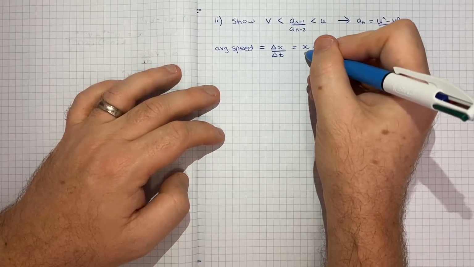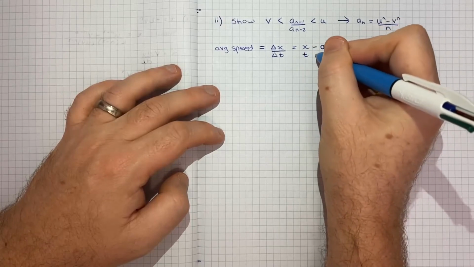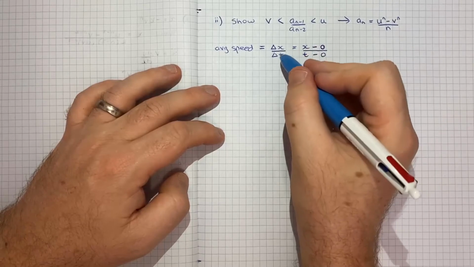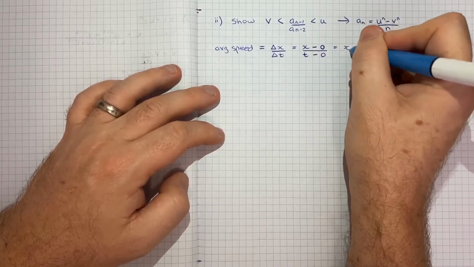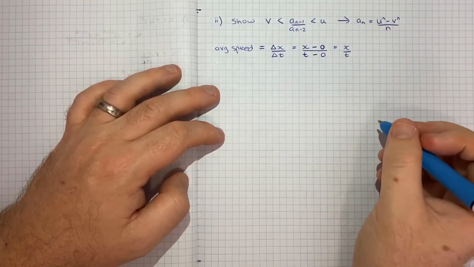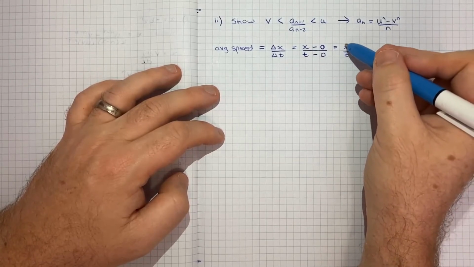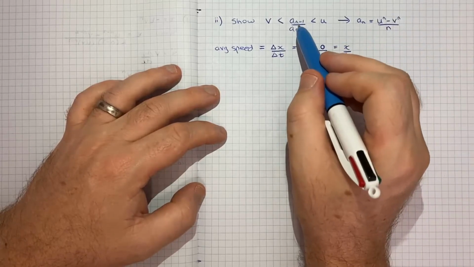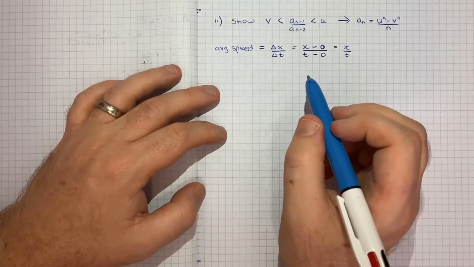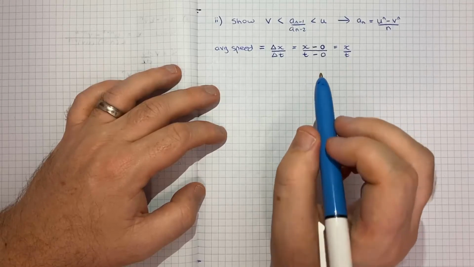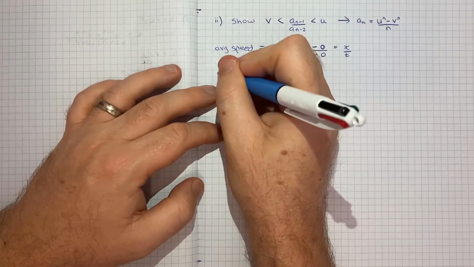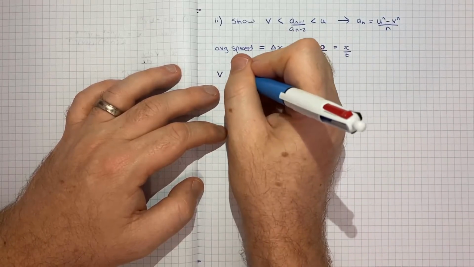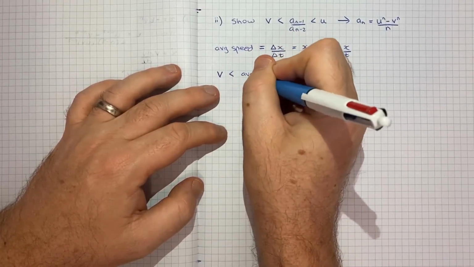And again, if we're at some time t and we started from time 0, our change in x over change in t just becomes x on t. So if we can think about what x on t is, we can then start making our way towards this inequality, because it's possible to say that our velocity at any point will be less than the average speed.